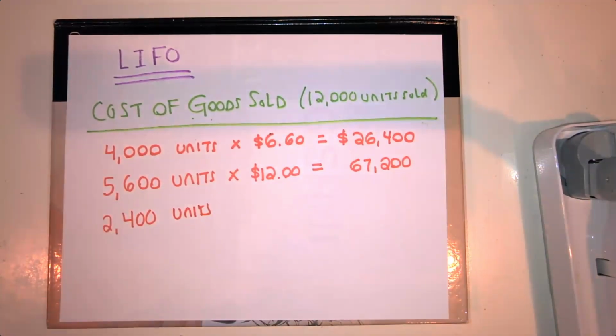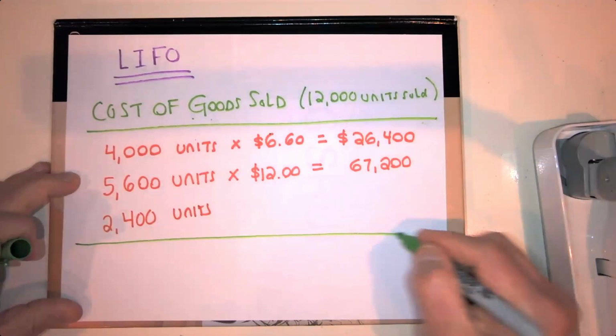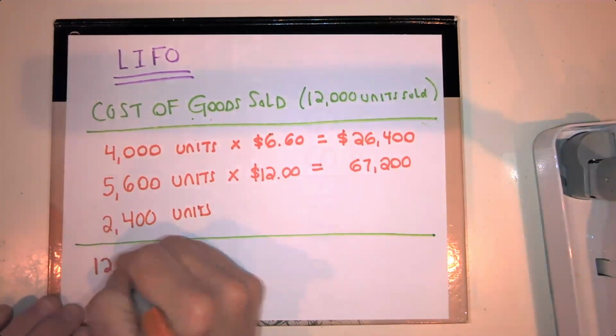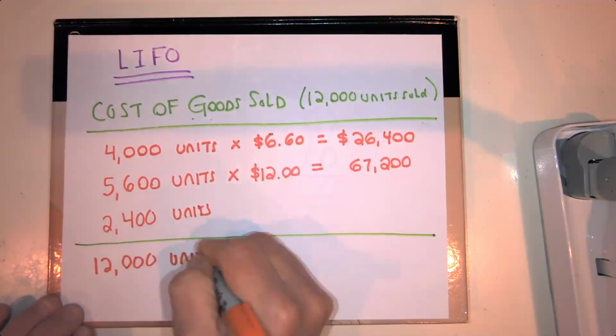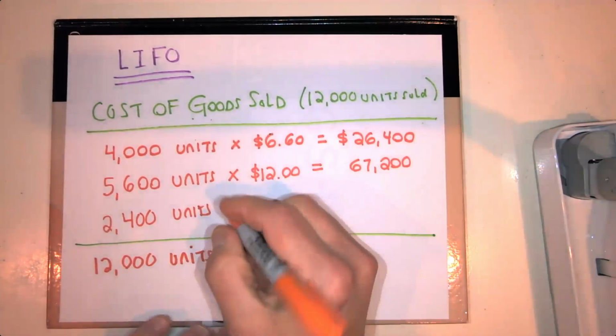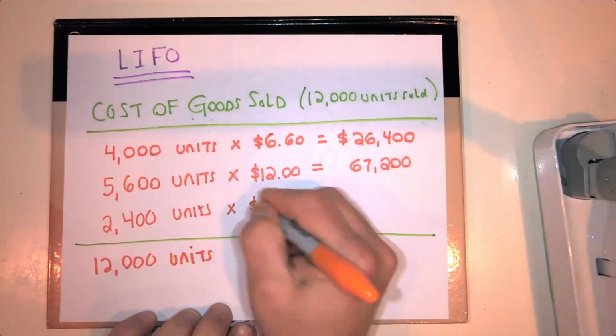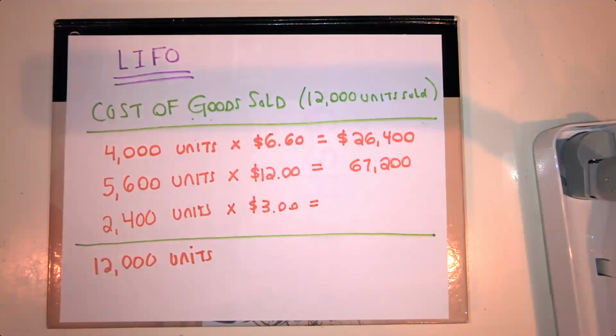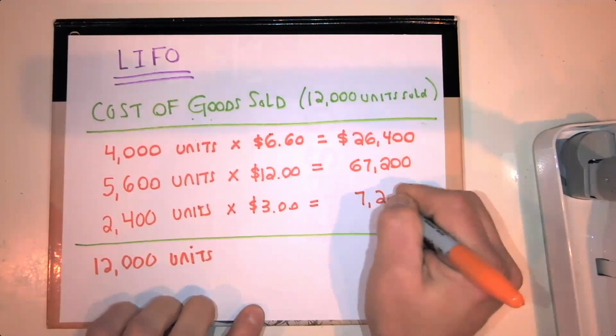Because that will get me to the 12,000 units that have to be accounted for. And those 2,400 units from November 14th each cost $3. That's 7,200 here.